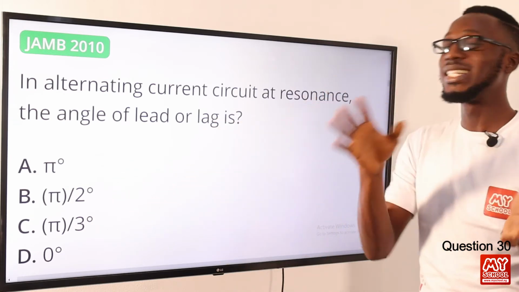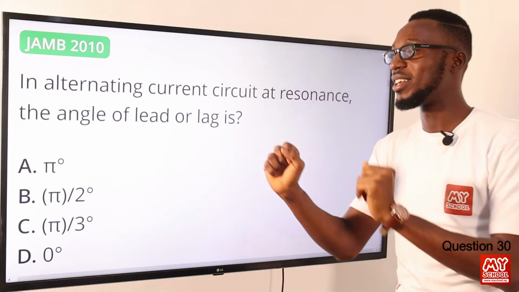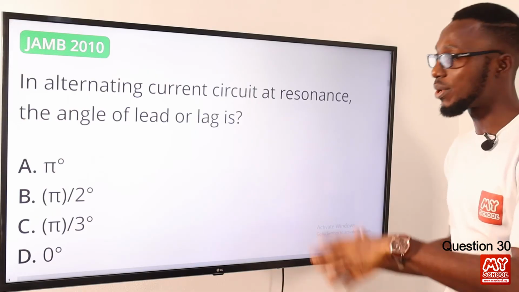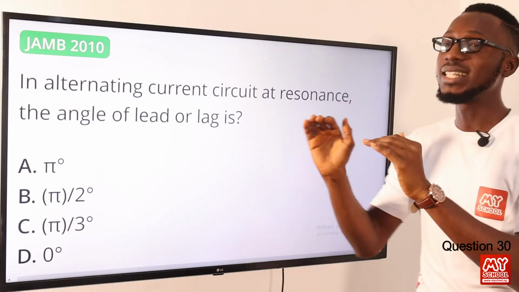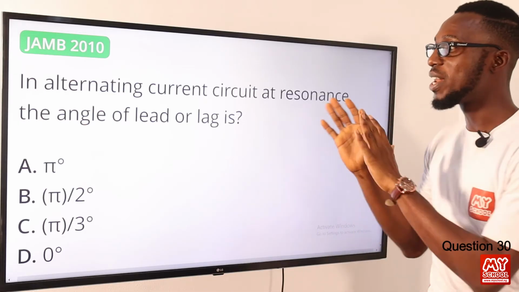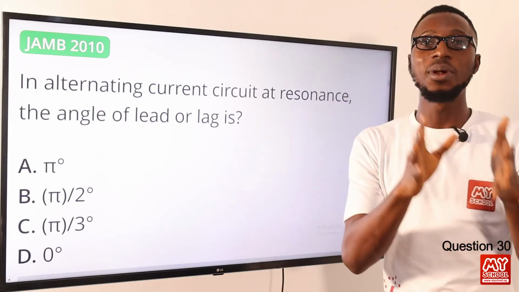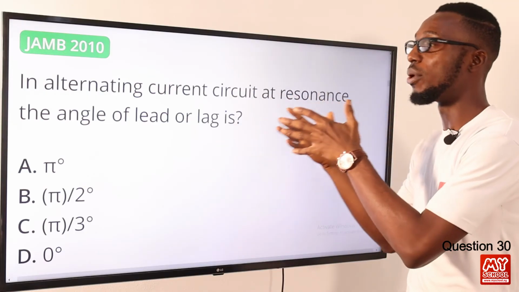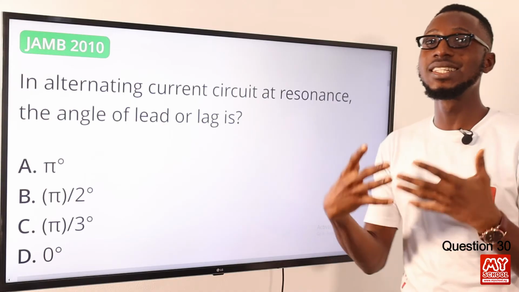The current is leading by 90 degrees. But when it comes to your inductor, the voltage is leading by 90 degrees. So let me take it again. For a capacitor, the current is leading by 90 degrees, and for an inductor, the voltage is leading by 90 degrees.